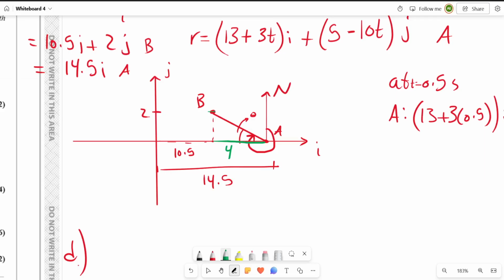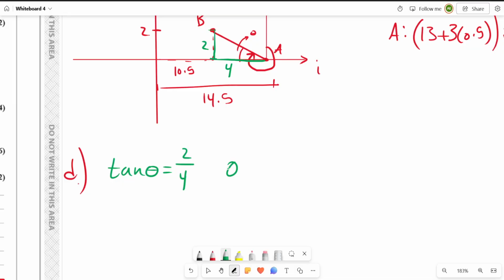And I know that this bit is 2. So tan theta equals opposite over adjacent, so 2 over 4. Theta equals tan inverse of 2 over 4.